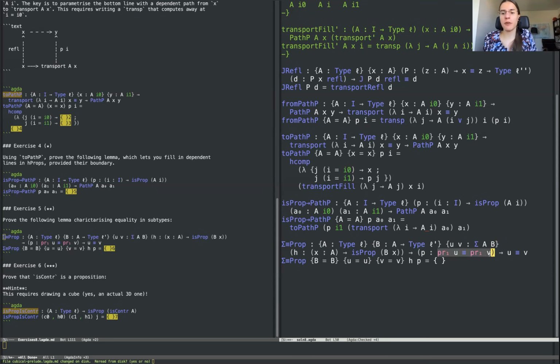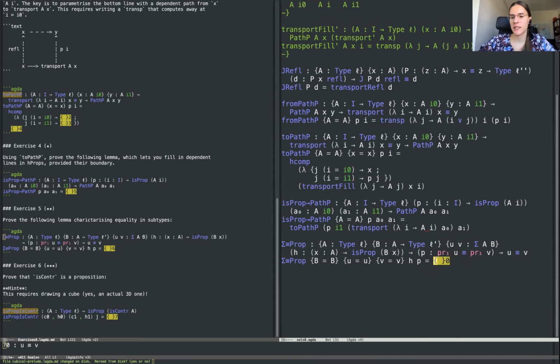Well, the catch is if we have an equality between the first components, then we sort of know that the proposition over the first components is true in both cases. And it shouldn't have any other information, right? So if that's true, then it should be true that U and V are equal. So in a sigma type where the second component is a proposition, to provide an equality between two elements, it suffices to provide equality between the first components.